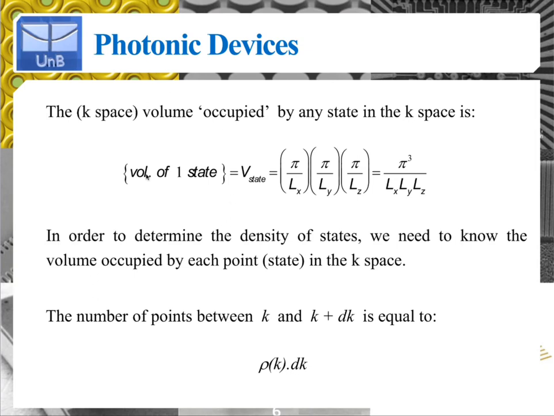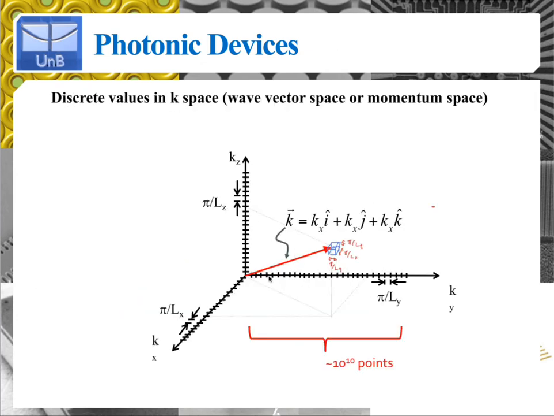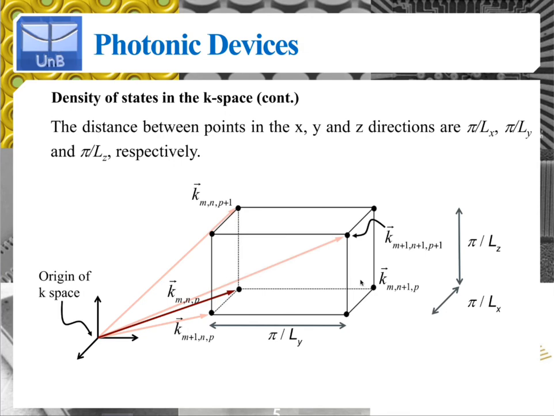We're going to use this volume later, and the volume occupied by one state, by any point that you defined in the wave vector space, for example this point right here, is equal to the volume of this cuboid with minimal dimensions, because the spacing between points is what we just said.